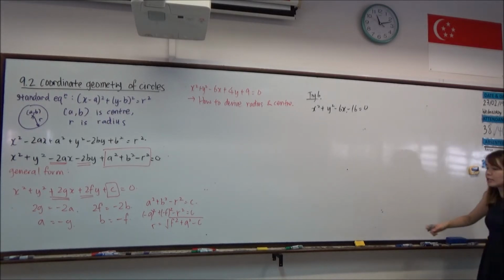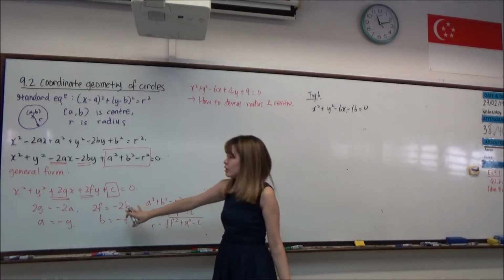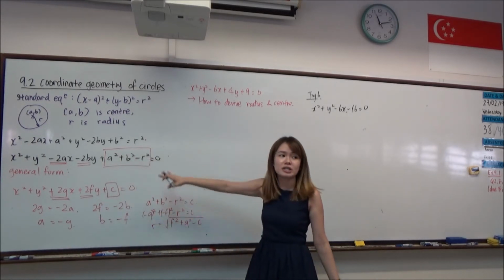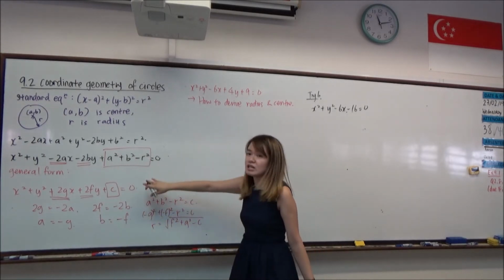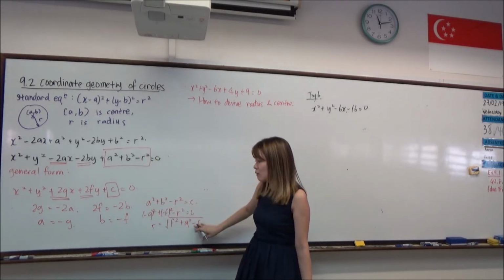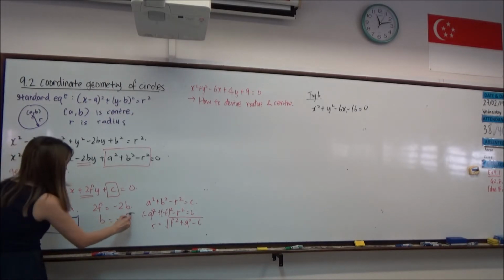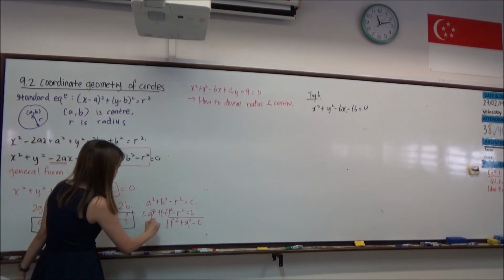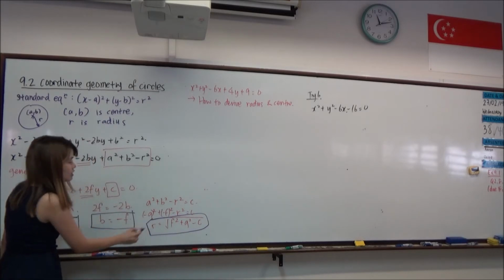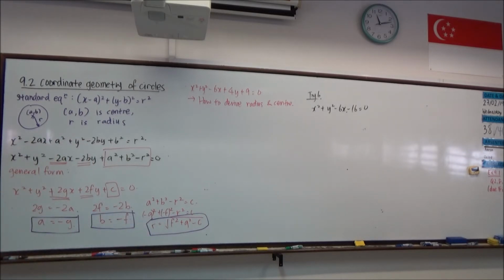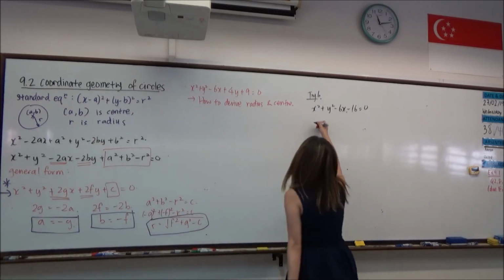If I want to use the formula, by comparing the expanded equation and the general form equation, where a is equal to negative g, b is negative f, and r will use this formula here, then I will need to do some memorizing of this form in the first place. I need to memorize this if I want to use this information. So comparing this form, let me just rewrite here.